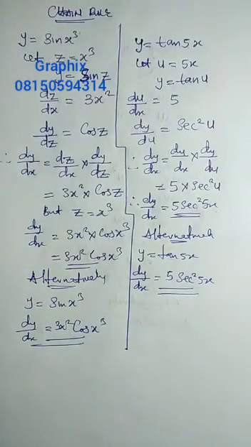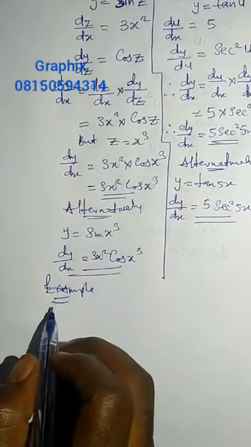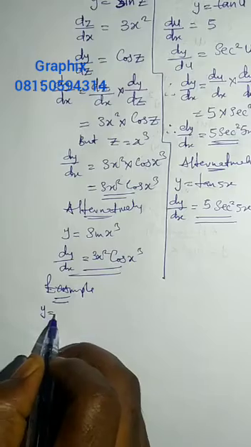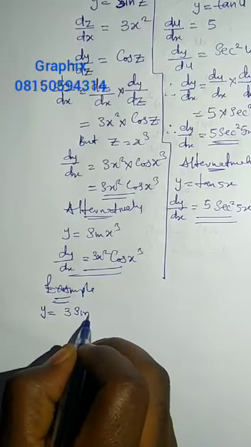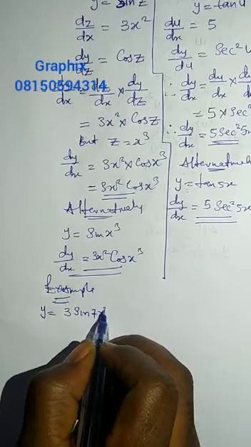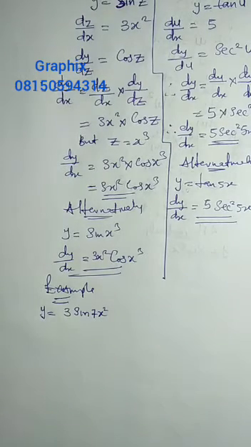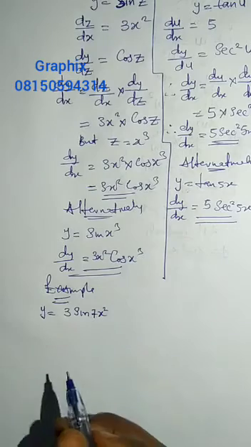Thank you very much. Now let's take another example again. If I have y equals 3 sine 7x square, right? And I want to differentiate. Since I'm having a power, what will I say?